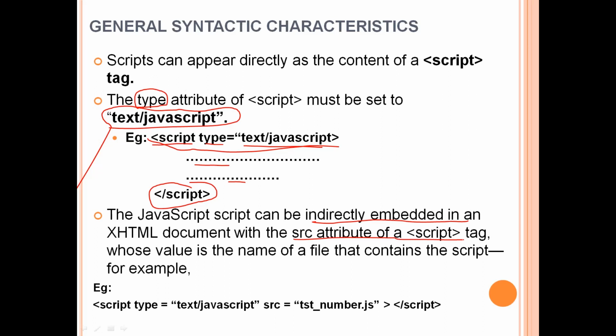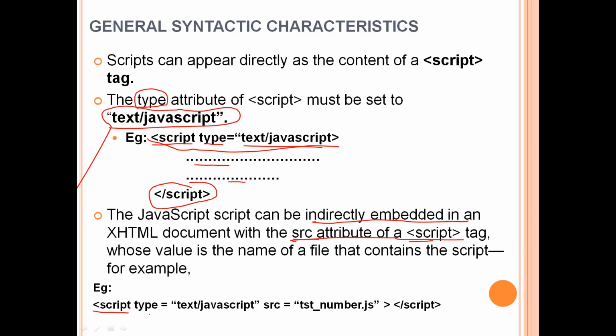Now if we have a separate JavaScript file, how can this file be attached? It can be attached to the XHTML document by using the src attribute of the script tag. Src here stands for source. And now one example is here.